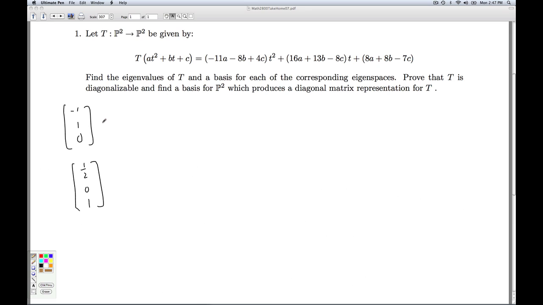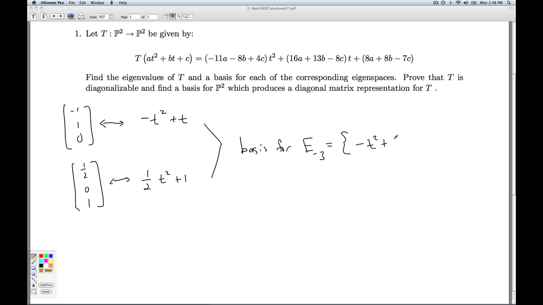The column vector negative 1, 1, 0, since we are using the standard basis of t squared, t, 1, corresponds to the polynomial negative t squared plus t. Likewise, this corresponds to the polynomial 1 half t squared plus 1. So together, a basis for E negative 3 is these two.